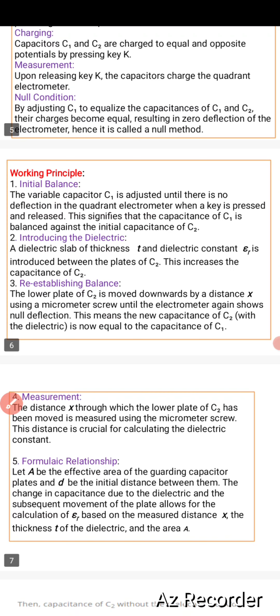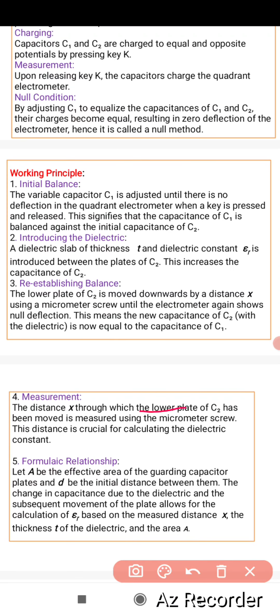Next, measurement: the distance x through which the lower plate of C2 has moved is measured by the micrometer screw. This distance is crucial in calculating the dielectric constant.